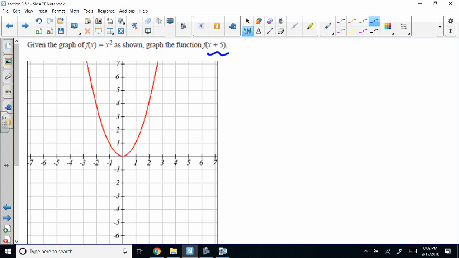It's inside, so it's a horizontal shift. Positive normally would be right, but it's the opposite on that, right? So it would be to the what? Left 5, right? So it'd be 1, 2, 3, 4, what? 5, right?